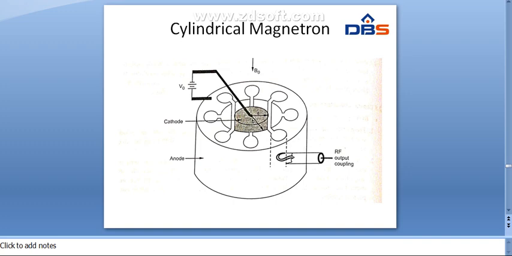Why is it called an M-type microwave tube? Here the electric and magnetic fields are perpendicular to each other. This is the cylindrical magnetron diagram.